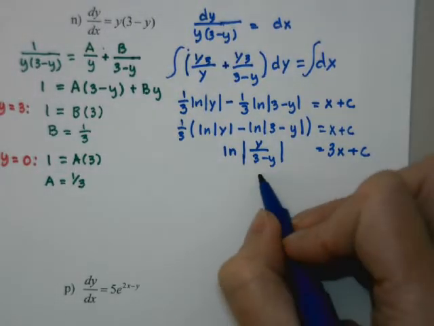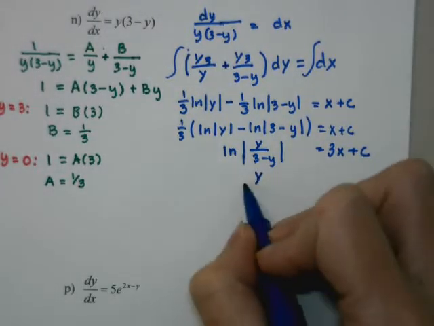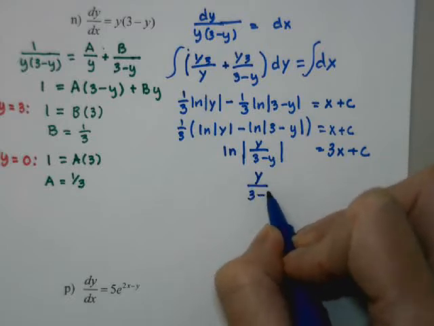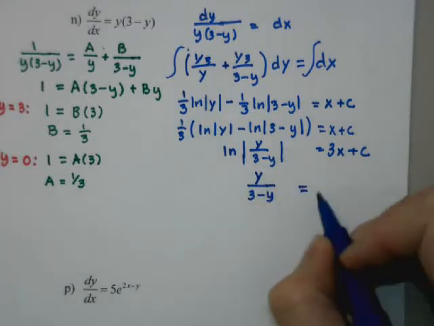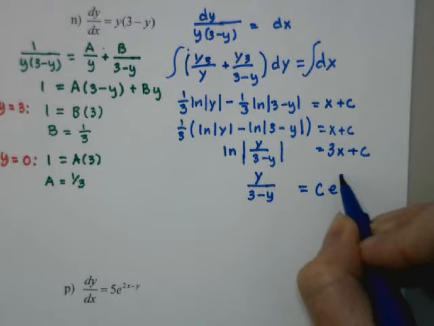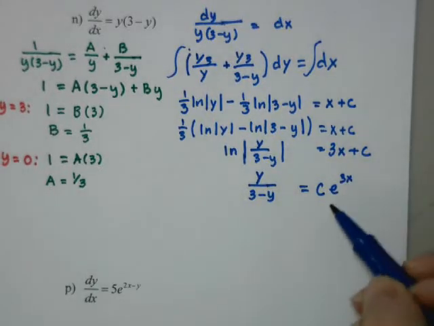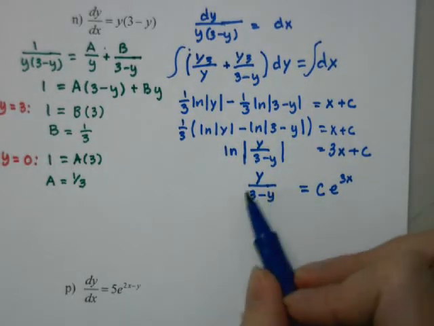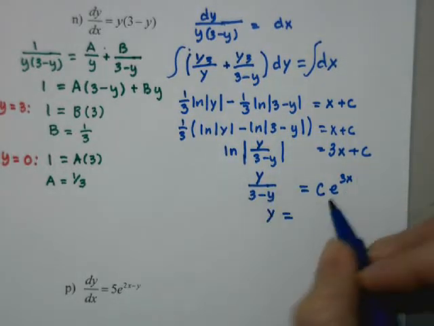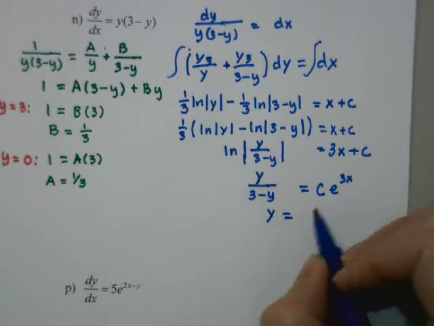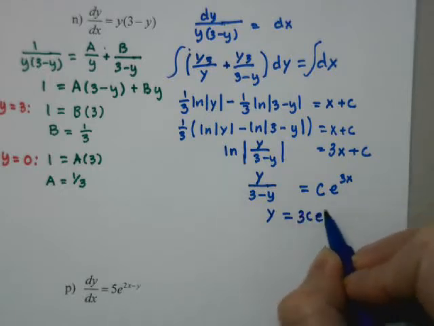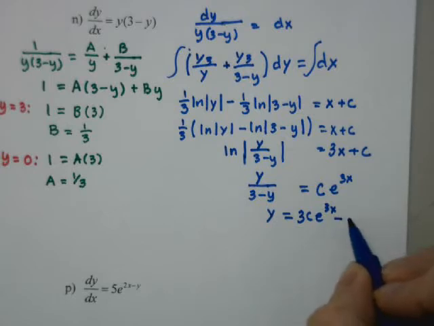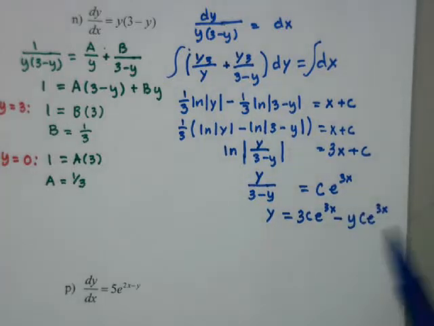So I raise both sides to the e, so we're going to have y over 3 minus y is going to equal c e to the 3x. So remember, if I've got e to the 3x plus c, I can just pull that out front. Okay, how do we solve for y? I'm going to multiply this over, so I'm going to have y equals 3c e to the 3x minus yc e to the 3x.